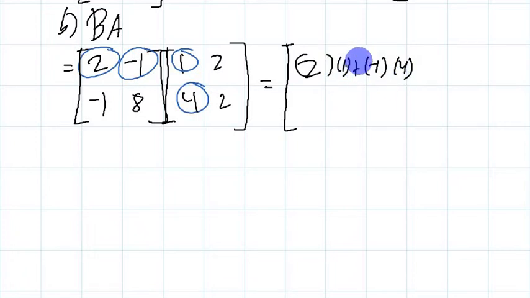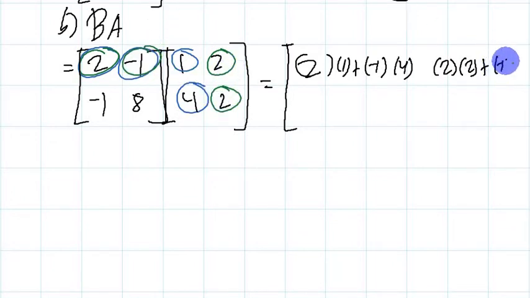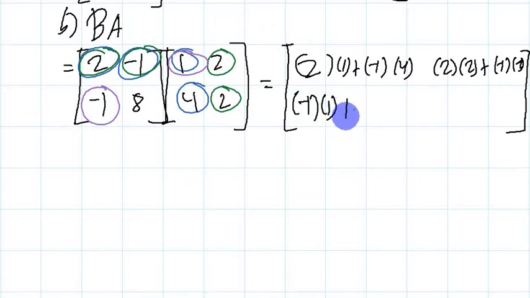For entry row 1, column 1. For row 1, column 2, we're now going to have 2 times 2. Add that to negative 1 times 2. Then we're going to have entry row 2, column 1. Negative 1 times 1. Add that to 8 times 4.